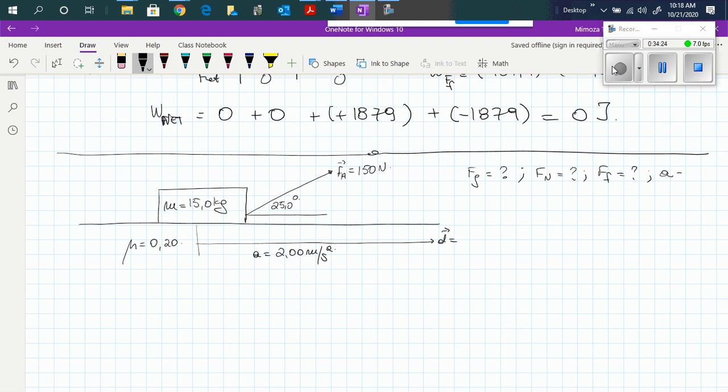So acceleration is 2.0 meters per second squared, and it's starting from rest, and it is moving for a time of 3.50 seconds.